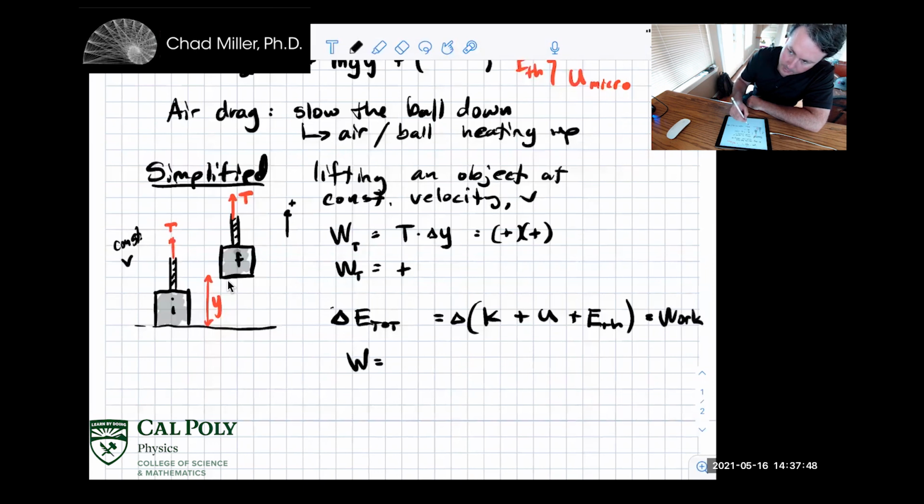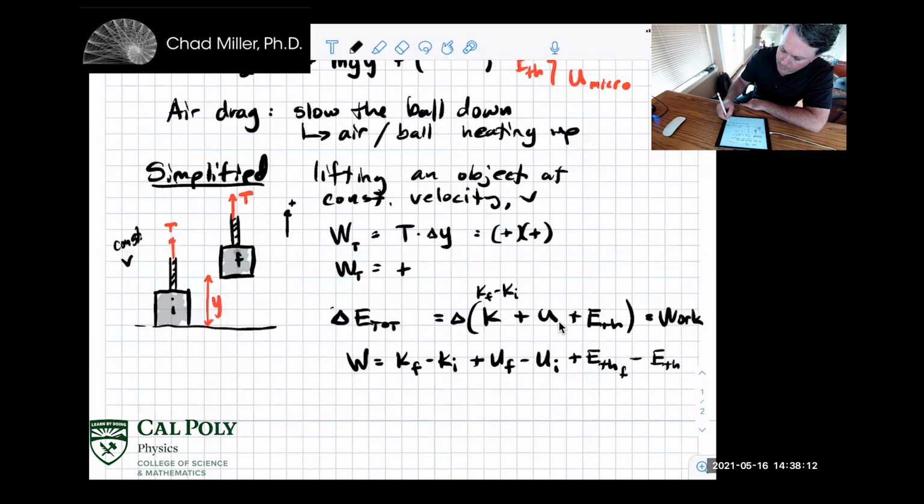So work equals the change in kinetic energy. Each one of these changes is a final minus initial. So let me expand that out, and we get final kinetic energy, initial kinetic energy, final potential, initial potential, final thermal, initial thermal. And I'm going to put all the initials over here on the left.